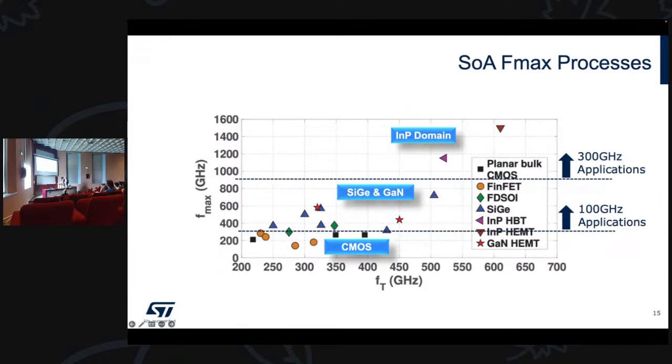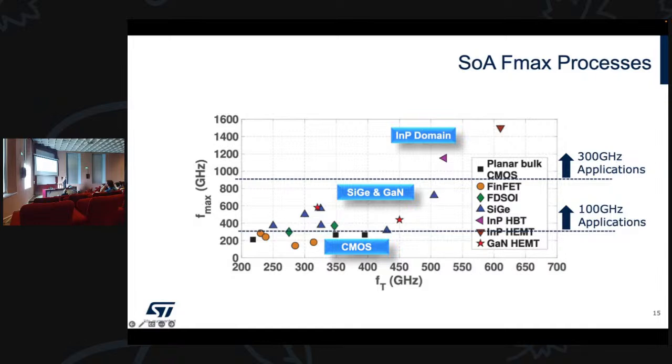This is another representation of what I told you. Under 100 gigahertz, you can see that you have plenty of processes which can answer. The CMOS is well placed. In the 100 gigahertz to 300 gigahertz range, SiGe and GaN are well placed.